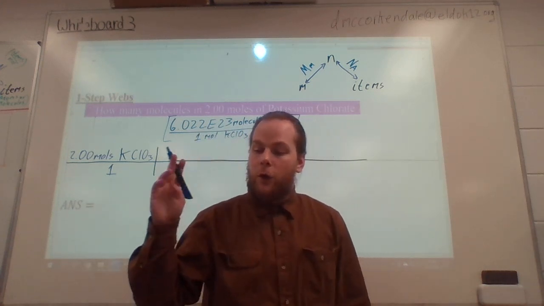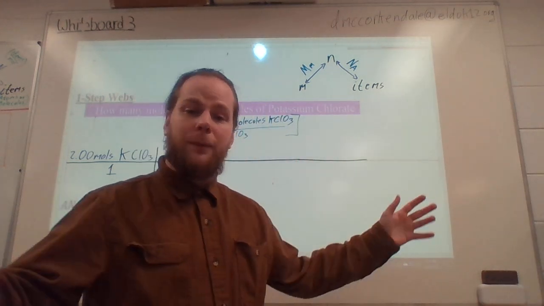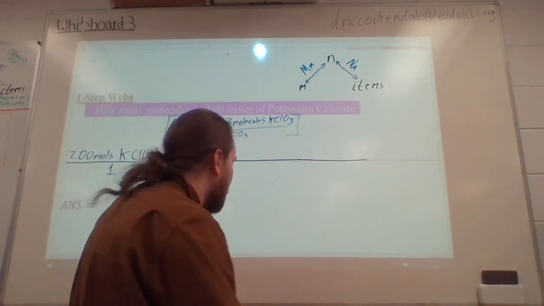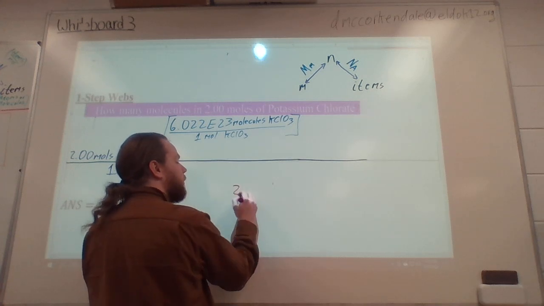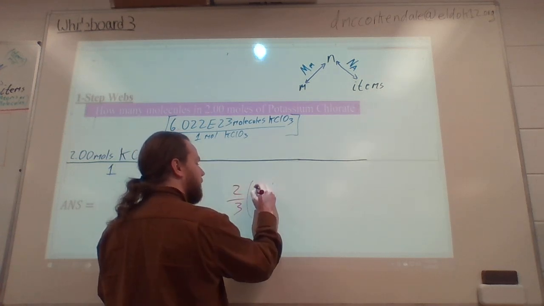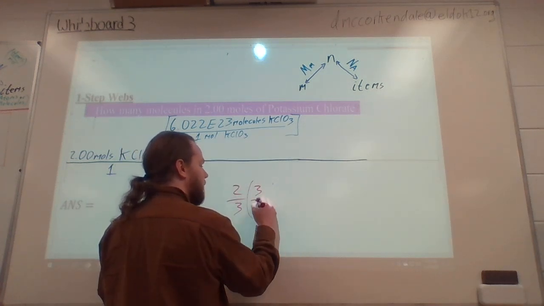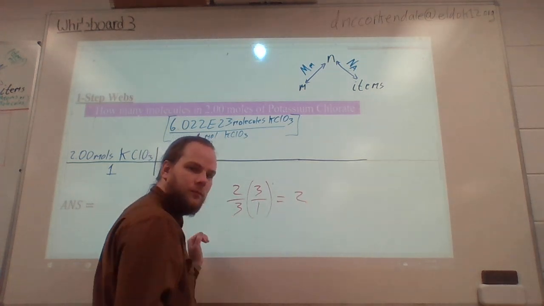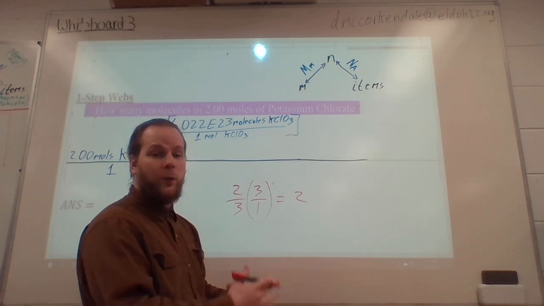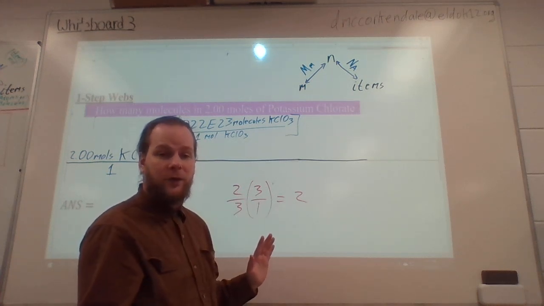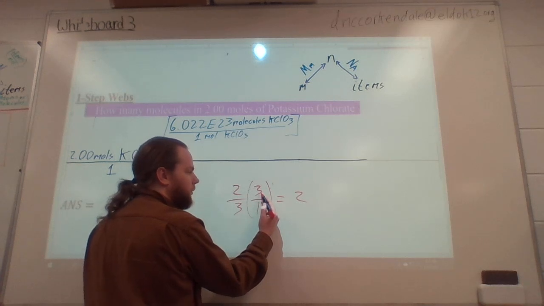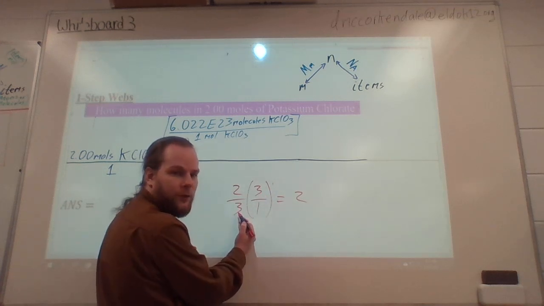Okay? So here's a little trick that you probably saw at some point in either middle school or algebra. So if I take 2/3 times 3, what does that give me? Well, that's going to give me 2. Without doing any math, I know that's going to give me 2. Because I have a 3 in the numerator of this fraction and a 3 in the denominator of this fraction.